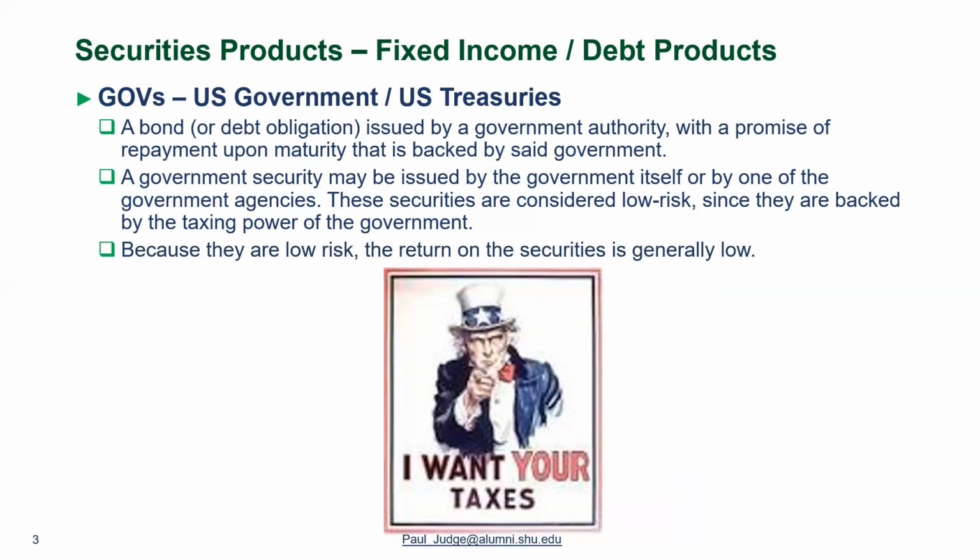But at the same time, because they tend to be low risk, they pay very low interest. We actually saw a year ago a negative yield on some government securities, which was very highly irregular.